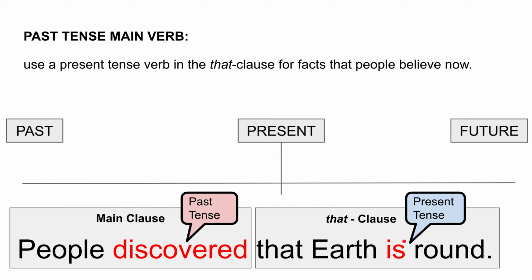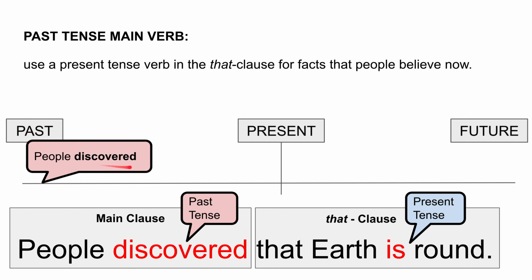It's a general truth as well. So what am I basically saying? I'm basically saying that sometime in the past, people discovered. That means that this mental activity of discovering occurred in the past. People discovered what? The fact, the general truth, that Earth is round. The unchanging truth, that is true in the present. It's a fact that we discovered in the past.